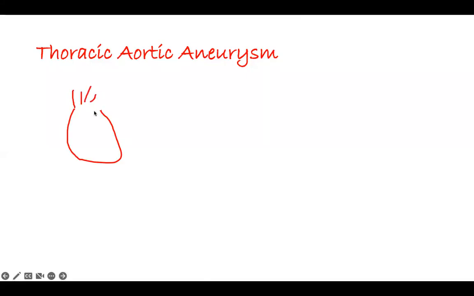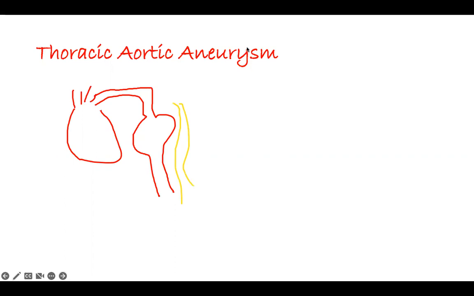And the aorta, as you go down, it bulges out, and you develop this aneurysm. Other organs are also there. You have the esophagus behind it. You have the lung also there. So the lung is here like that.